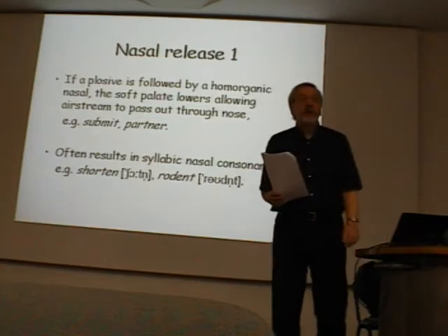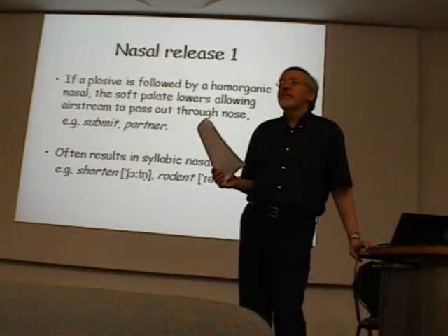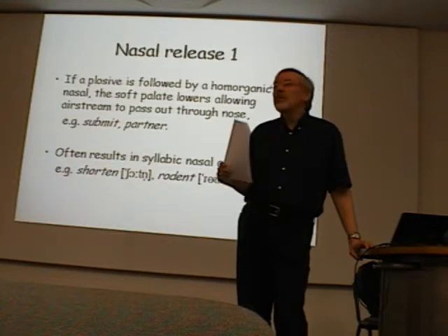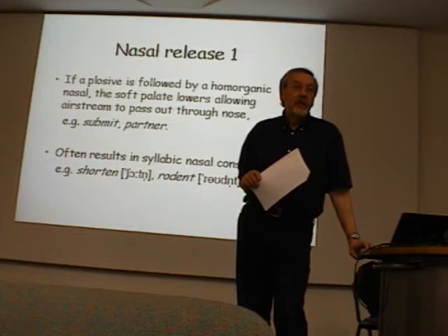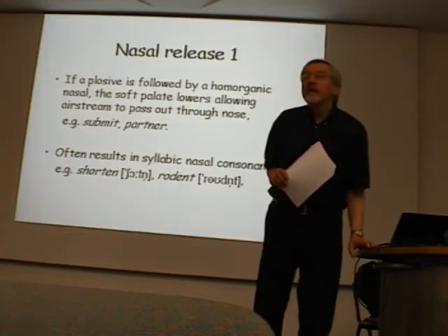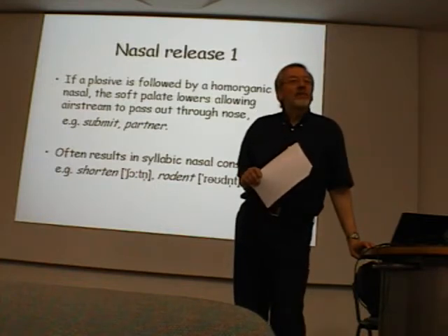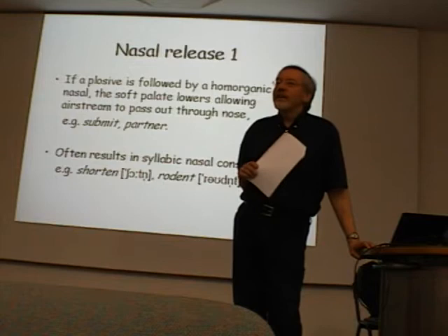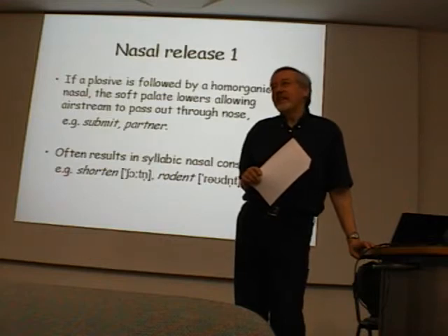So you get something like this. Submit. Everybody? Submit. And so there's no little vowel in between, as you would find in a sequence in many languages. If we take partner, and where you have these T's plus N, I have to think about it, because my natural speech is to say partner and to put glottal stop in there.